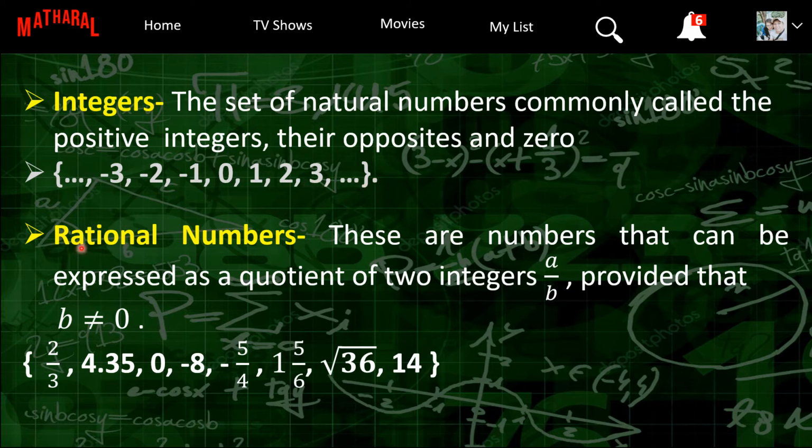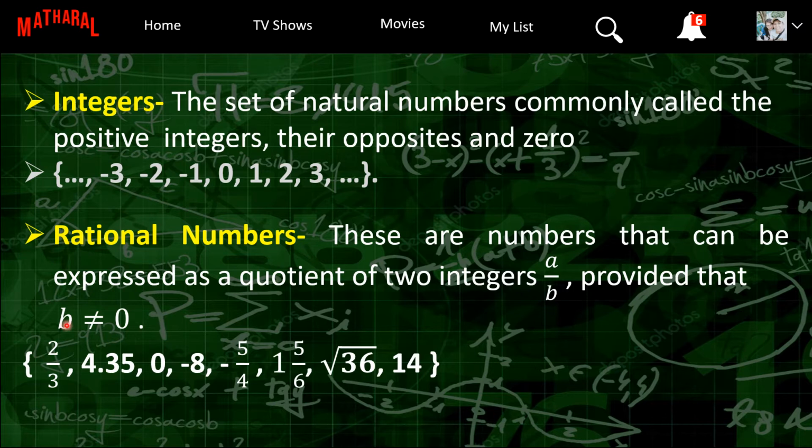And next is rational numbers. These are numbers that can be expressed as the quotient of two integers, a over b, provided that b is not equal to 0, as what we had mentioned in our previous discussions.